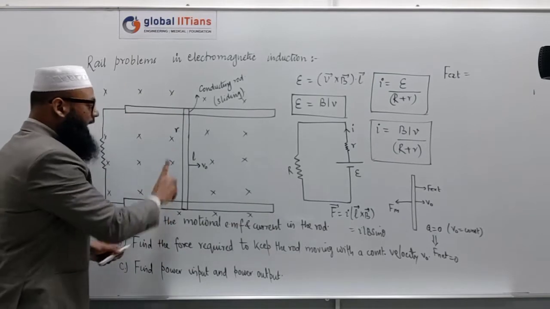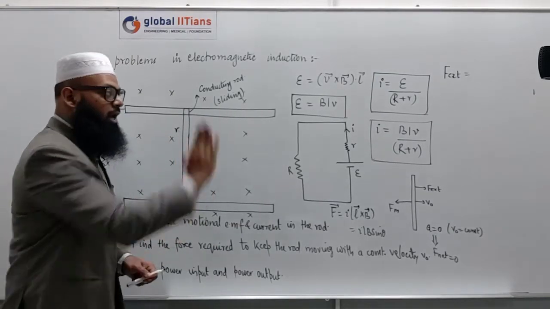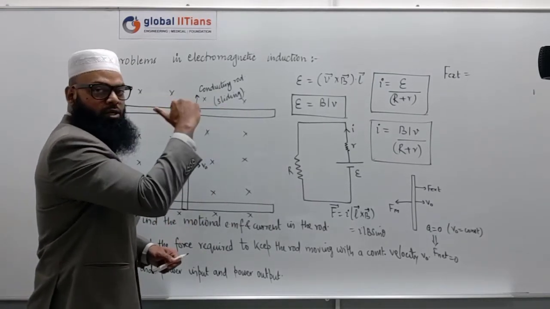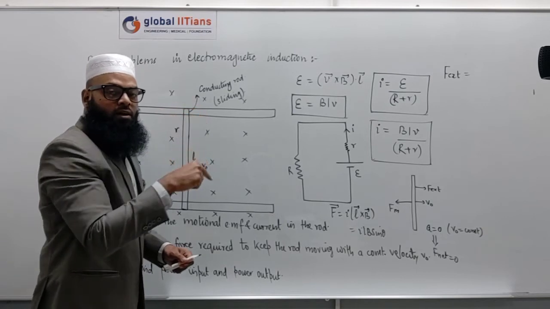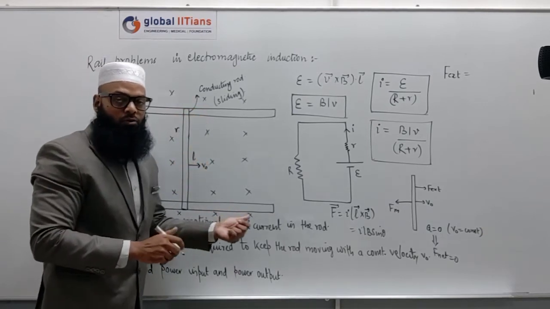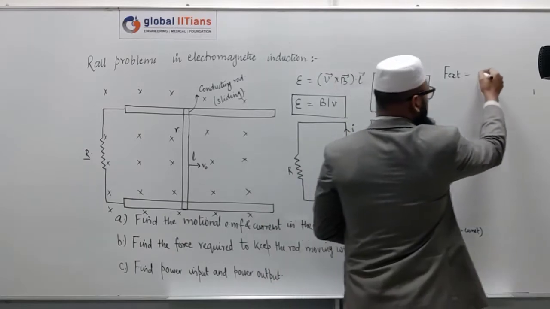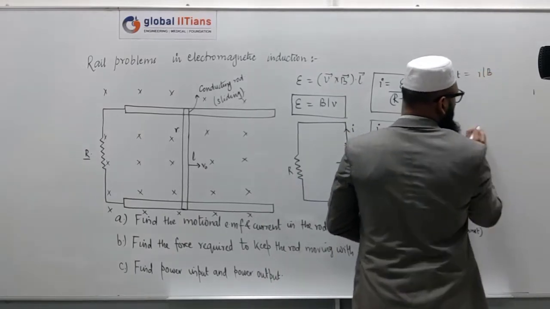One more thing, L and B are perpendicular to each other, and therefore we can say sin theta is going to be 1, theta equal to 90. So force will be ILB. Okay.